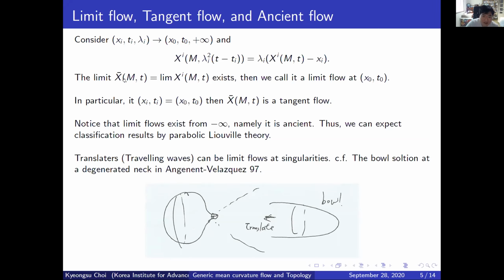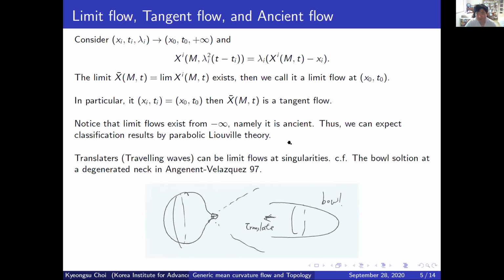So the limit must exist from negative infinity by definition. In general, a solution to a parabolic PDE which exists from negative infinity is an ancient solution. So the limit flow is an ancient flow, if the limit flow exists.